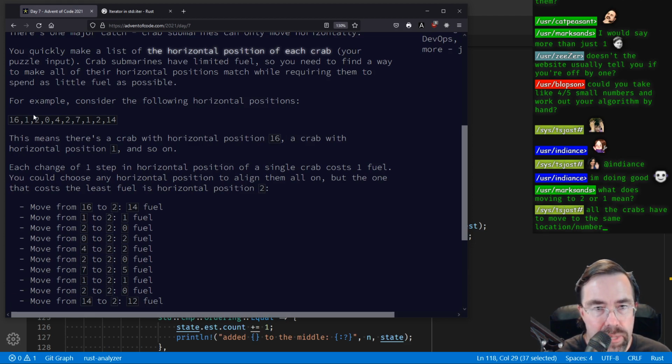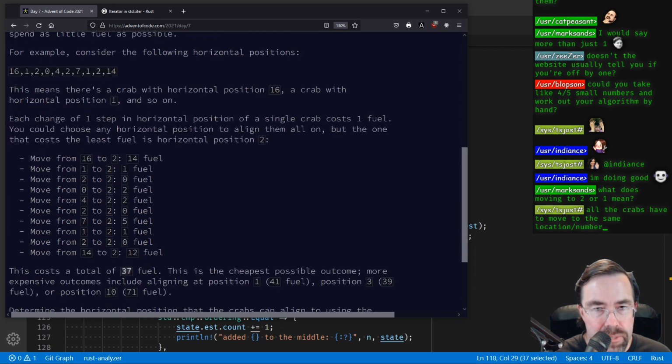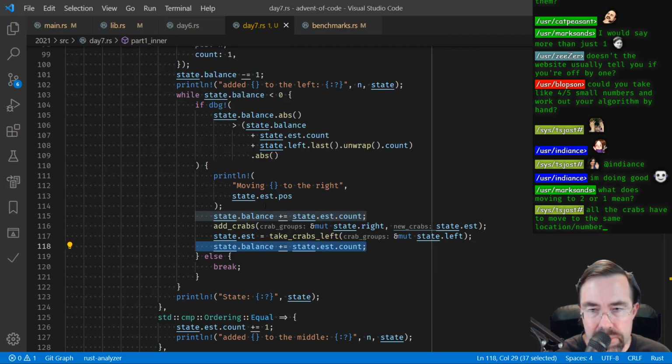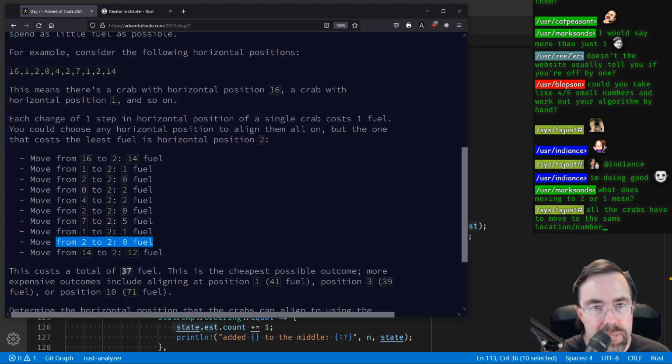They say line them all up at position 2. So it costs the ones at 16 and 14 a lot of fuel to get there. The ones already at 2 don't need any fuel. And the ones to the left and the right of 2 need some fuel to move there, right? And so the number where they don't need any fuel is what I'm calling the estimate, and it's moving as we build from left to right.